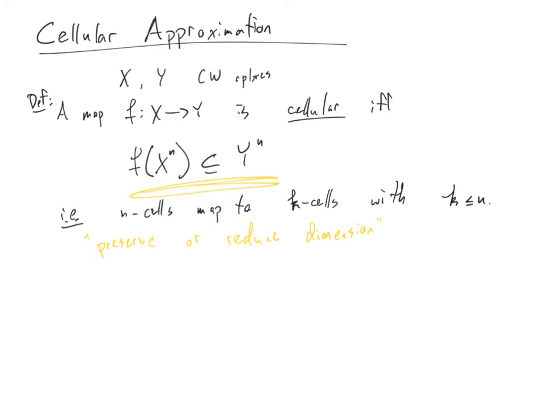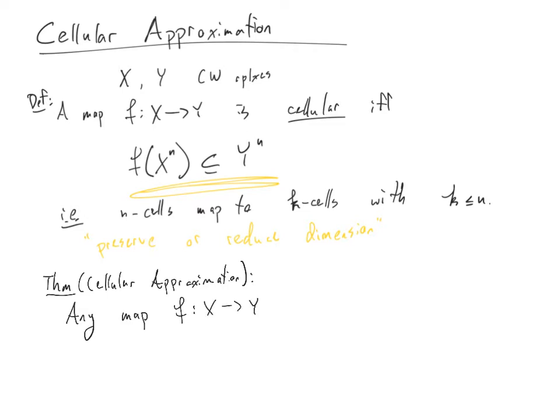So what cellular approximation says is that any map between X and Y, where X and Y are both CW, is homotopic to a cellular map.